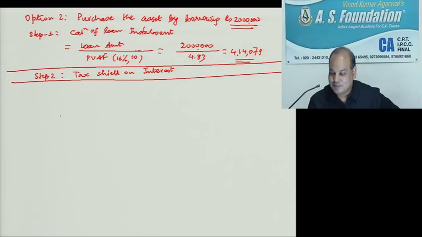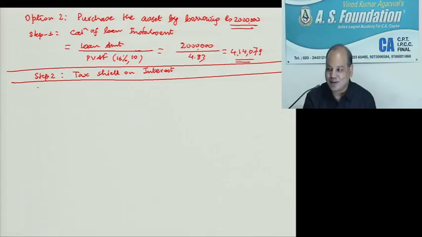Okay, now, tax shield on interest. How many years? 10 years. That is why I will only draw the format, and you will solve. Never in my life I have solved this problem in class fully.